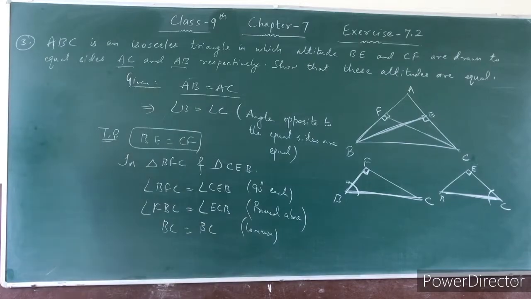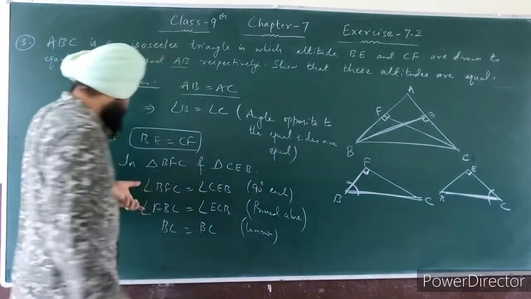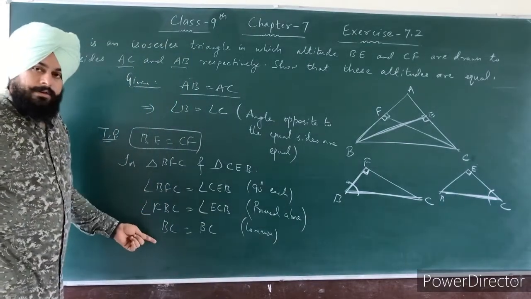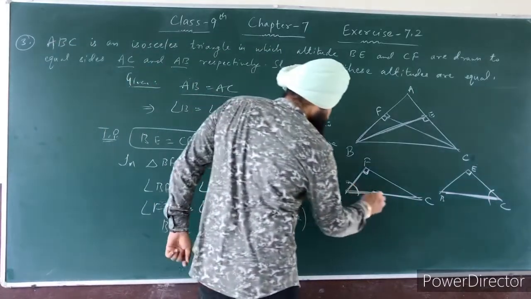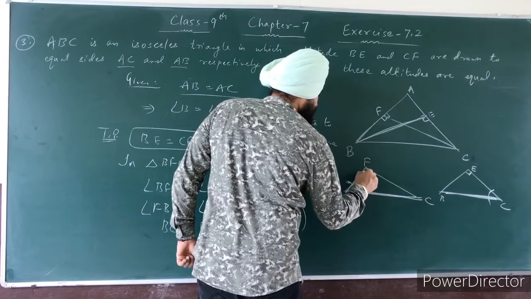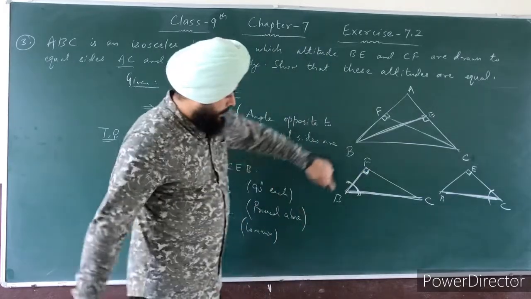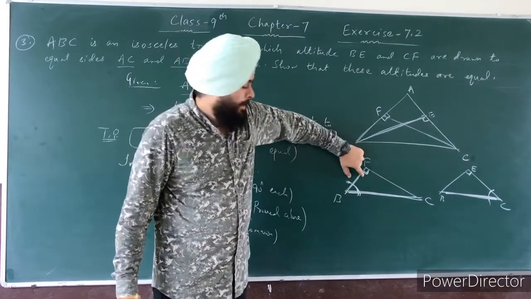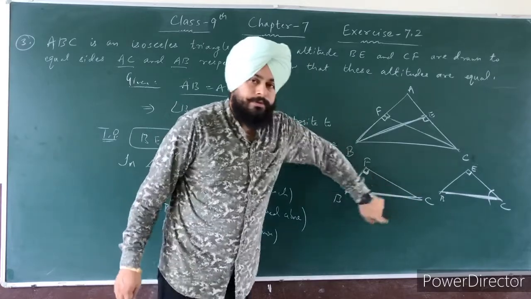Alright. So you can see here, taking the two triangles, this is a side, this is an angle, and this is also an angle. This is an angle of measure 90 degrees, and this is the hypotenuse.